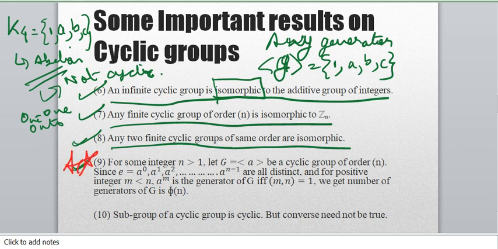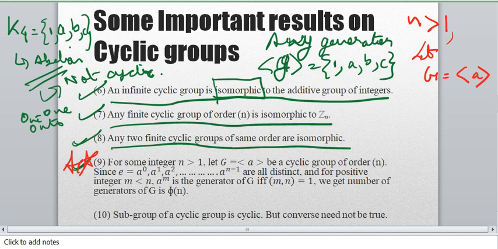It says for some integer n greater than 1, let the group G be generated by the element a. The element a now is a cyclic group. G is also cyclic because it is generated by a. We are getting a generator.